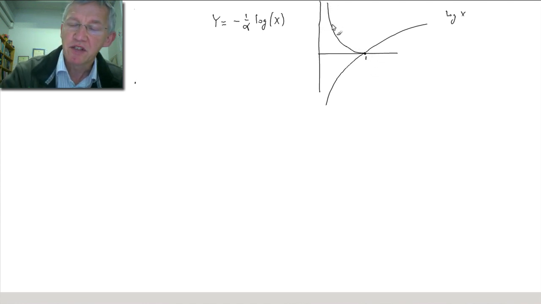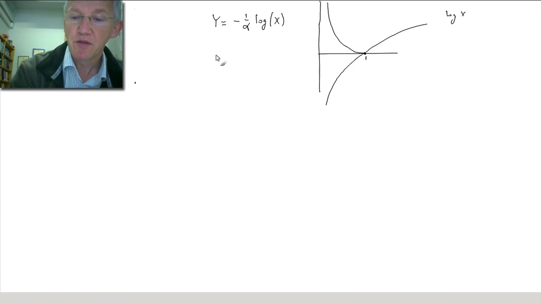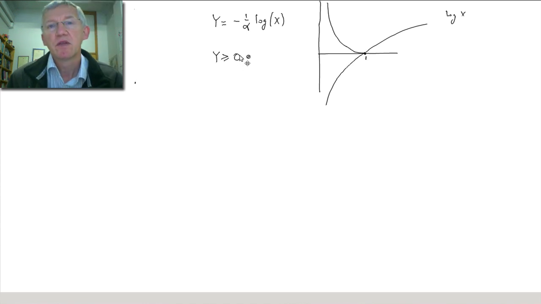And the flatness of this curve will depend on the size of alpha. So we can see from this that the y values will be greater than or equal to 0. So the probability that y is below 0 is 0.